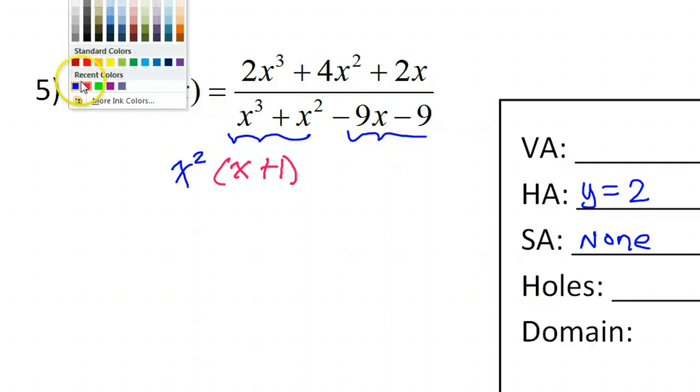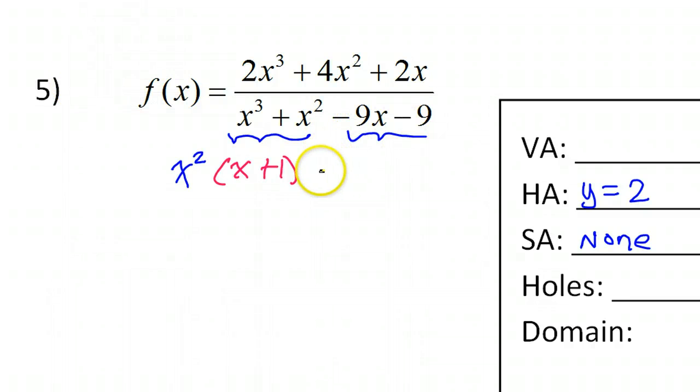And on the other side, this pair, if I pull out a negative 9, that's going to leave behind, again, x plus 1. If that's not obvious to you, imagine taking this negative 9 and doing the distributive property. Negative 9 times x is negative 9x. Negative 9 times 1 is negative 9. It gets you back to where you started from.